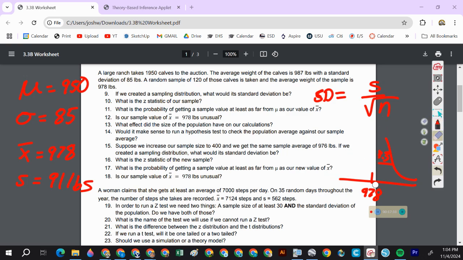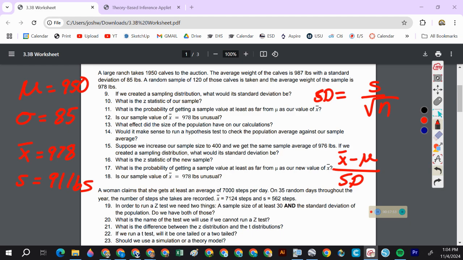So what is the formula for z-score? And p hat is our proportion. So in this case, it's going to be x bar minus mu divided by the SD of the sampling distribution.